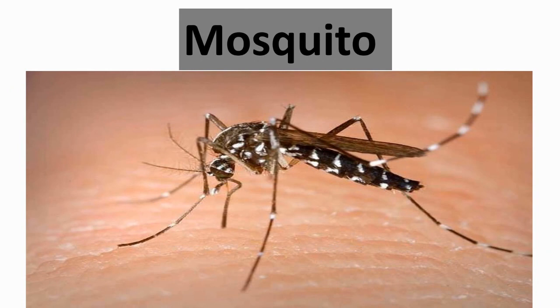So, these are the animals which we don't like at all and which create trouble for us, even though they have an important place in nature. Till now, we saw animals which are useful to us and also animals which create trouble for us. Now, let's move on to the next.